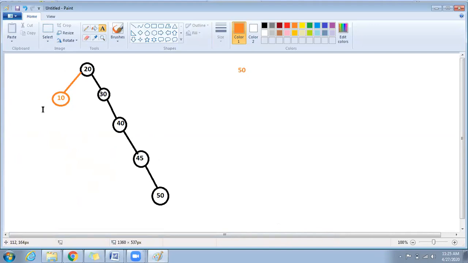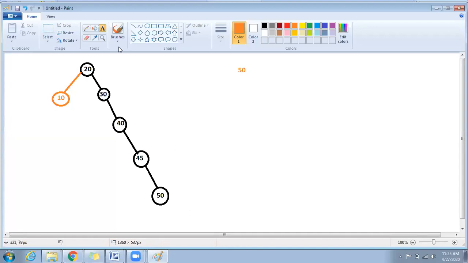So people found one idea. What is that idea? Height balanced binary search tree. Binary search tree is an exact searching algorithm, but the height problem will happen.